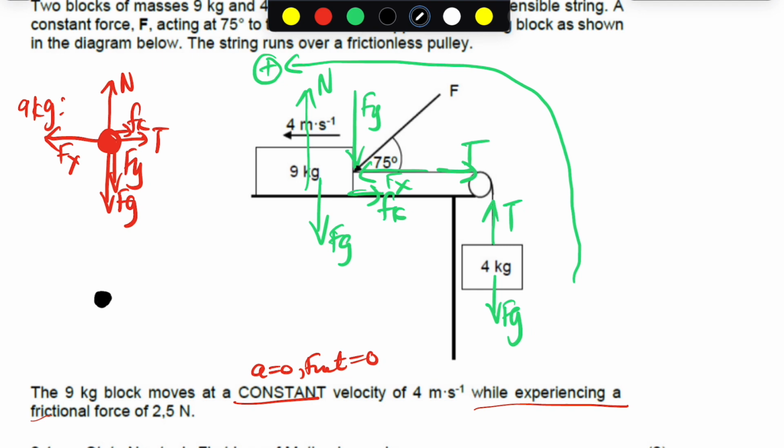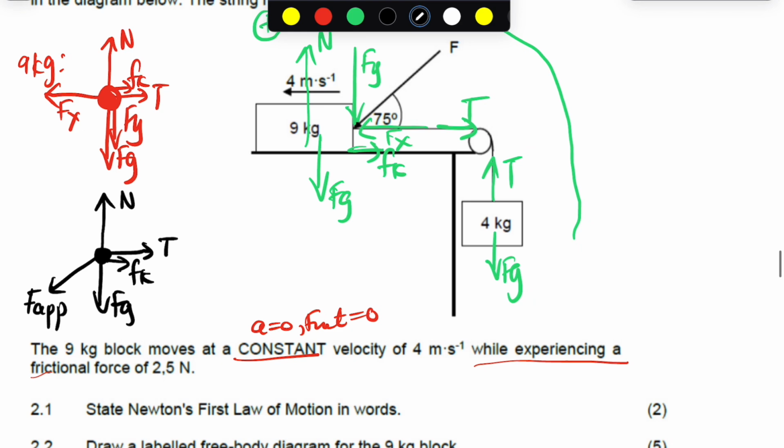You don't get marks for it, but it's helpful for the calculation. Then we have the normal force, the gravitational force, the force applied, the tension and the frictional force. This is the free body diagram that is needed, that you get the marks for.